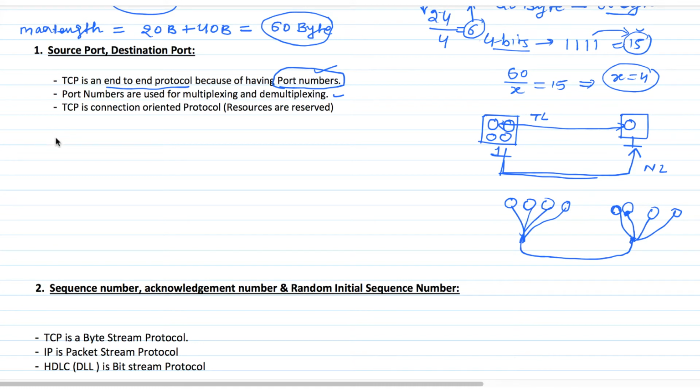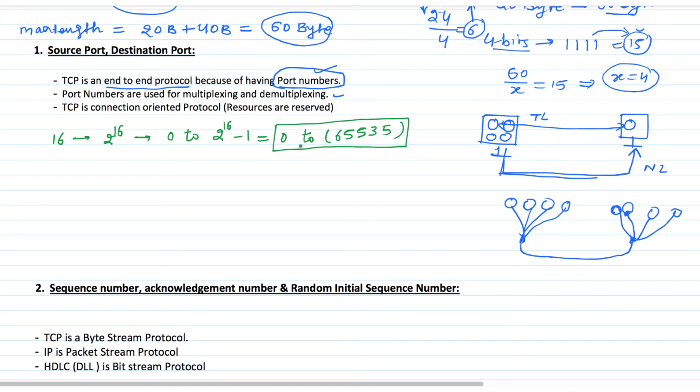Port numbers are 16 bits long, so we can have 2 to the power 16 port numbers, which range from 0 to 2 to the power 16 minus 1, that is 65535, as we have already discussed in the case of UDP.